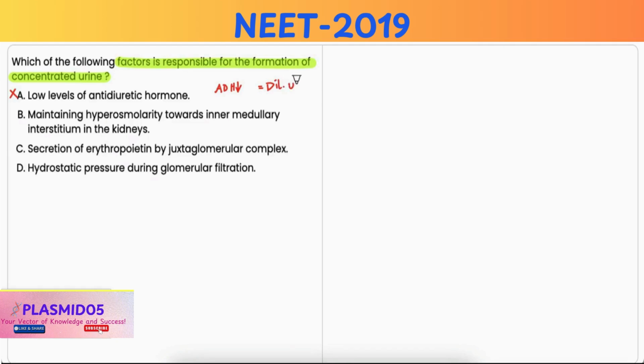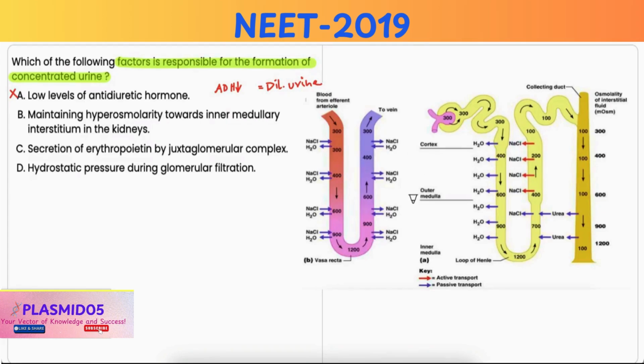Option B, maintaining hyperosmolarity towards inner medullary interstitium in the kidneys. Now the kidneys concentrate urine by creating a hyperosmolar gradient in the medullary interstitium, and this gradient allows water to be reabsorbed from the filtrate from the nephric tubules, and it results in concentrated urine.